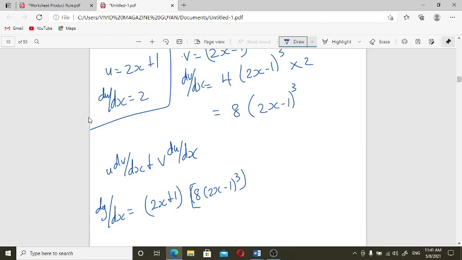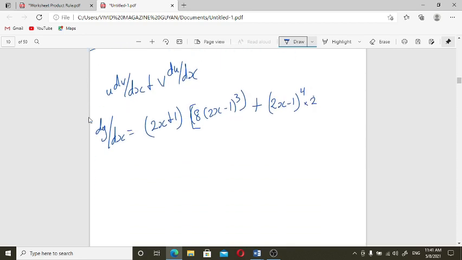Good. So this is plus v, which is 2x minus 1 to the 4th, and du dx, which is just 2. Okay, so like I showed you in earlier problems, get rid of that.